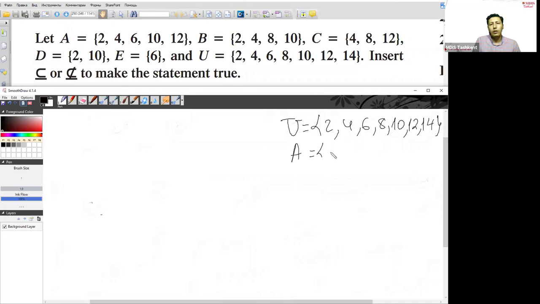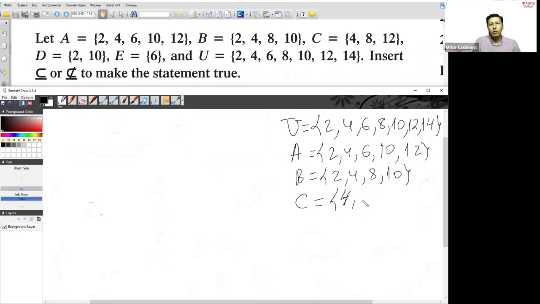A is 2, 4, 6, 10 and 12. B is 2, 4, 8, 10. C is 4, 8 and 12. D is 2, 10 and E is 6.